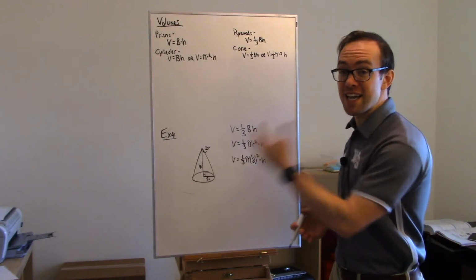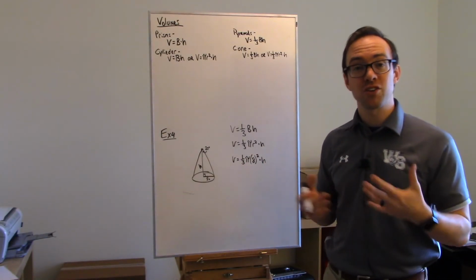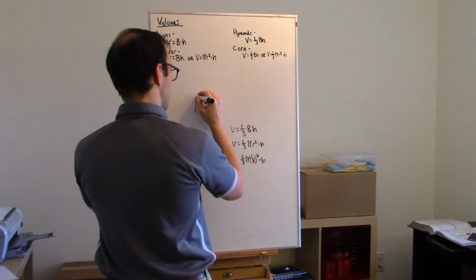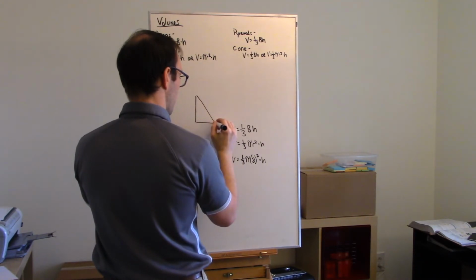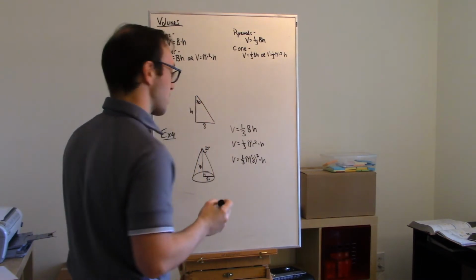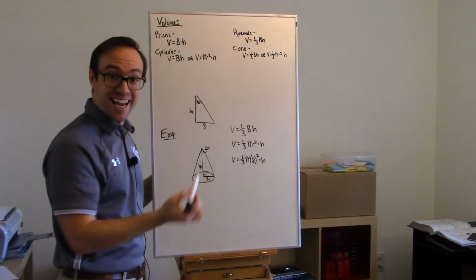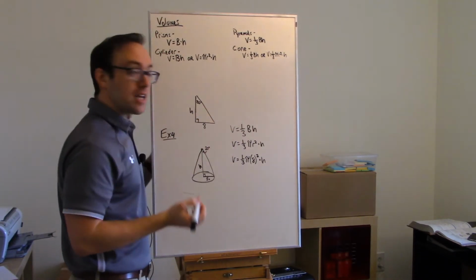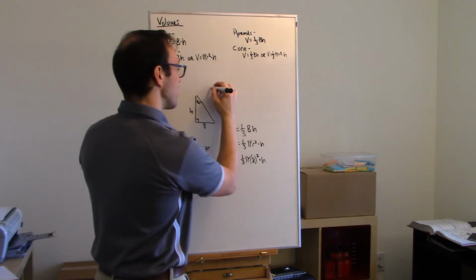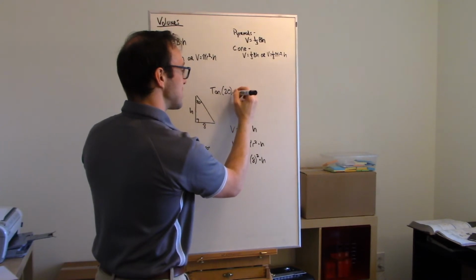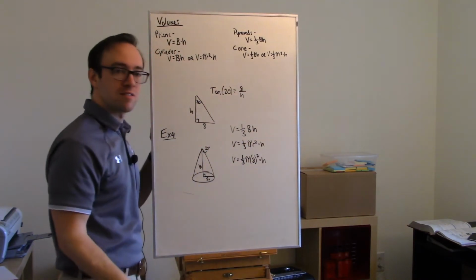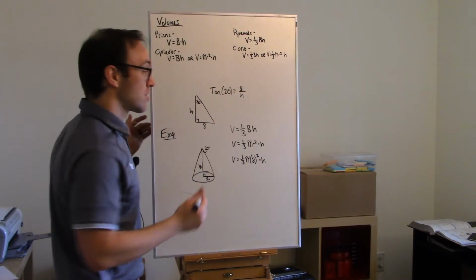So in this case, we're going to have to find h, and to do that, we're going to have to utilize our sine, cosine, and tangent. So we have 20 degrees, 8, and h. We are given the opposite and the adjacent, so we're going to be utilizing tangent of 20 degrees equals the opposite over the adjacent, and we're going to solve for h.